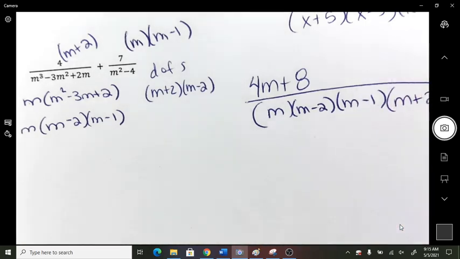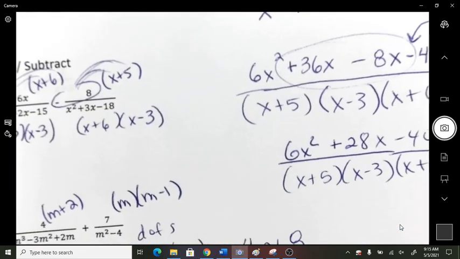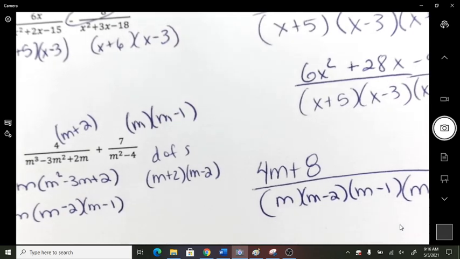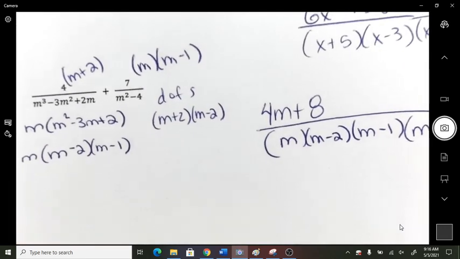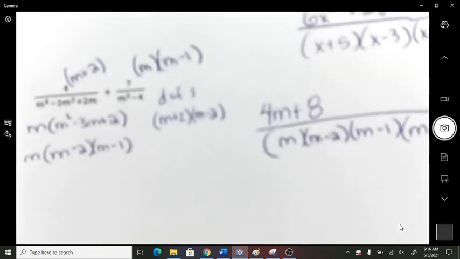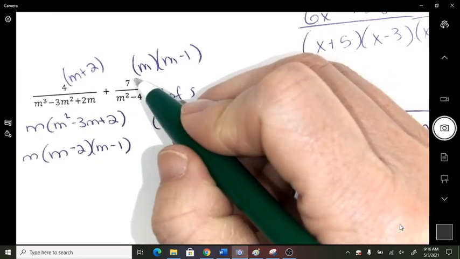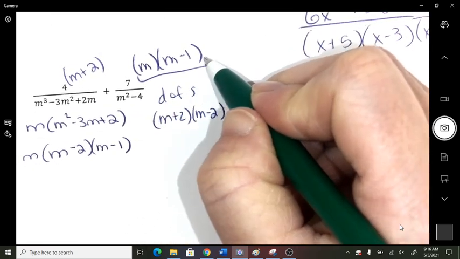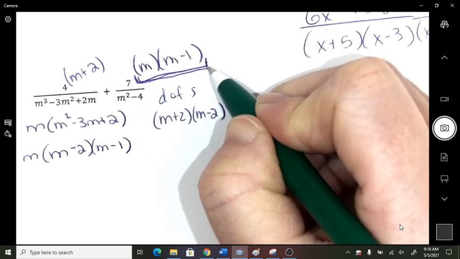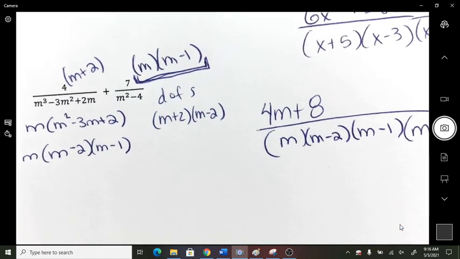Okay, now I'm going to think like this. If I have 3 things that are getting multiplied together, I'm going to multiply 2 of them, and then when I'm done, I'll multiply it by the third thing. It doesn't really matter what order, but I like to do this first and then multiply by the number.